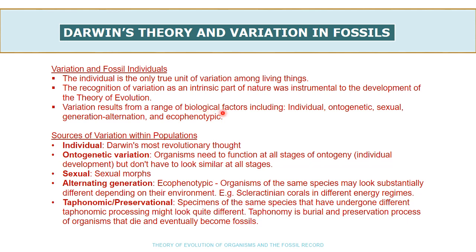There are other factors that also contribute to differences that we might observe in our fossil assemblage. One of them is what we call the ontogenetic variation, which says that organisms might not look similar during their stages of growth. That is, as organisms grow from one form to another, they tend to take up a different shape or a different size. Also, there is a phenomenon that we know as alternation of generation.